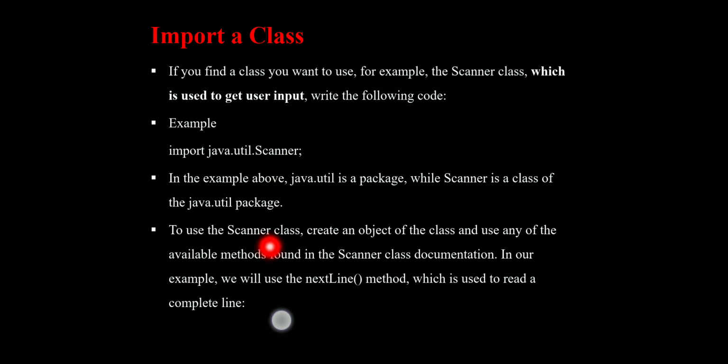To use the Scanner class, create an object of the class and use any of the available methods found in the Scanner class documentation. In our example, we will use the nextLine method, which is used to read the complete sentence or the complete line.